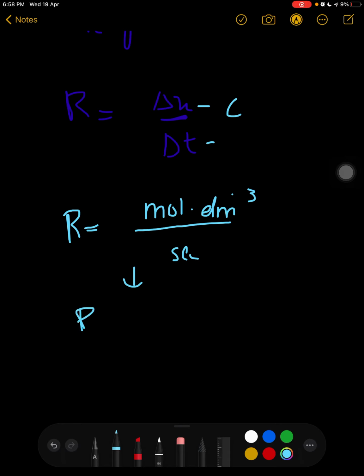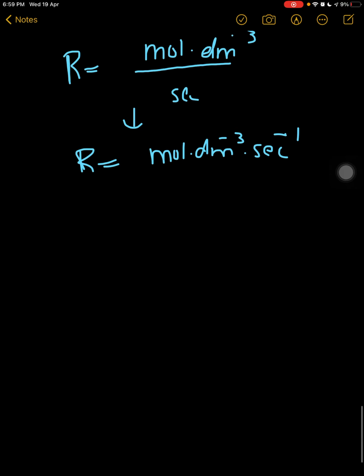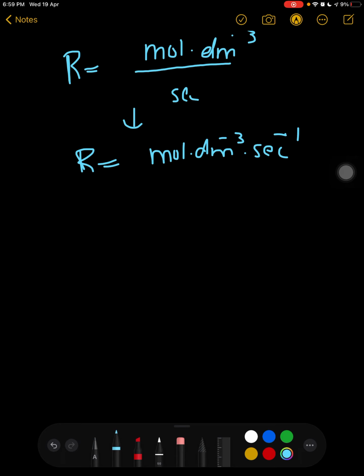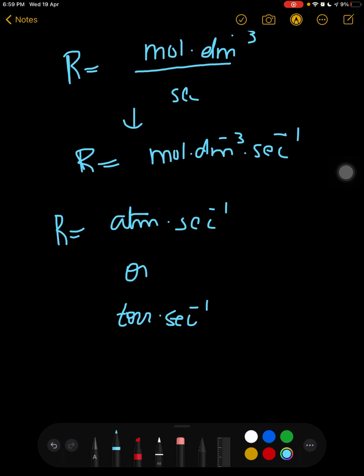So the unit of rate is mole dm cube second inverse. For gaseous reactants, it will be atm second inverse, and another unit for gaseous reactants can be torr second inverse, right?